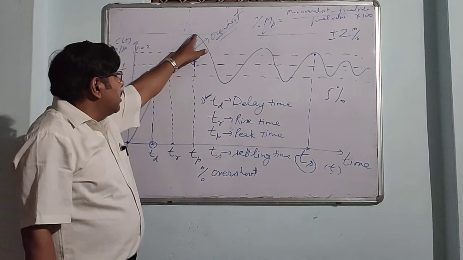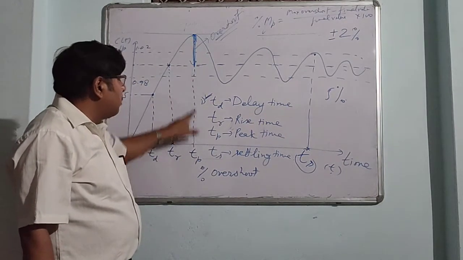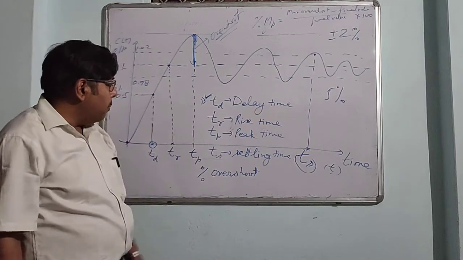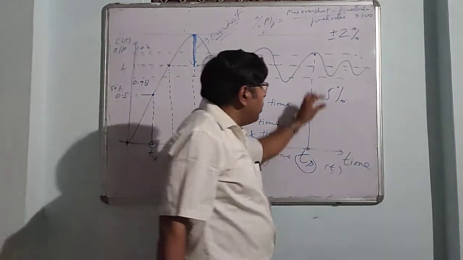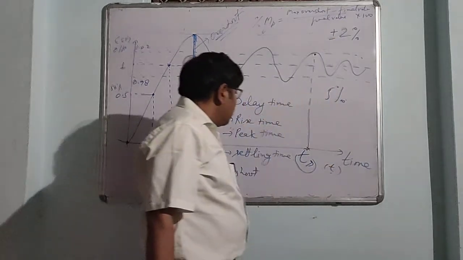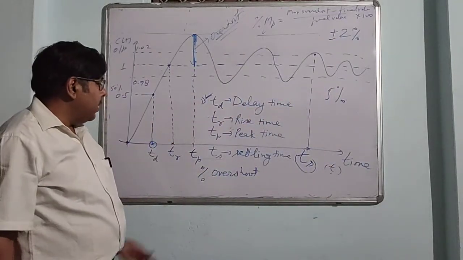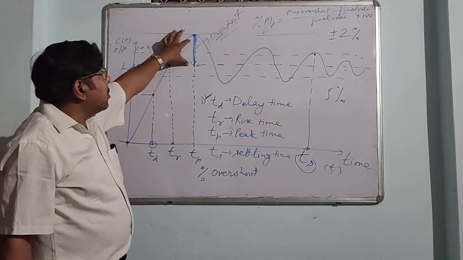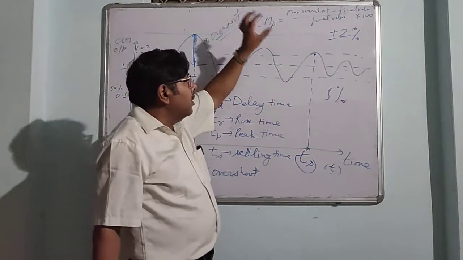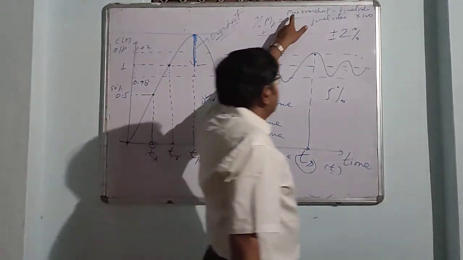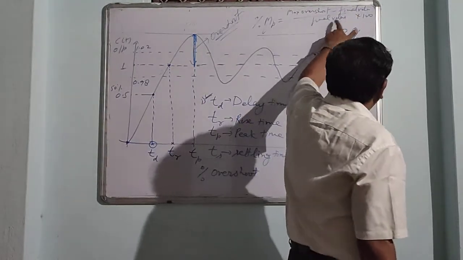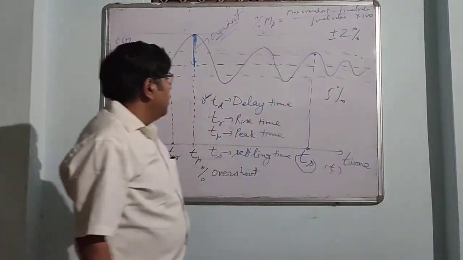Peak time: the time to reach the peak value for the first time. Settling time: when the value settles down within 2%. And this is the overshoot. Percent overshoot can be obtained simply by maximum overshoot minus final value, upon final value, into 100.